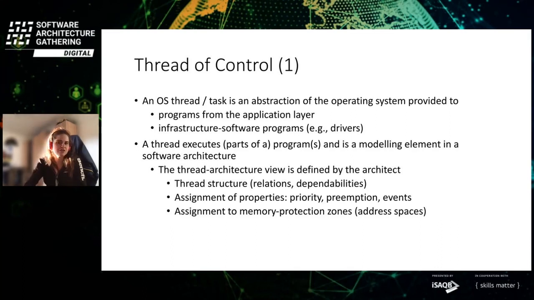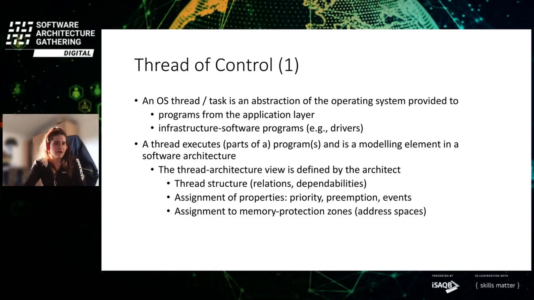What are the relations between those threads? How do they relate to software components? Are 2 or 3 threads executing my software component, or are 2 software components assigned to my thread in the system? What are the interconnections between the threads? Are there dependencies that I have to take into account?